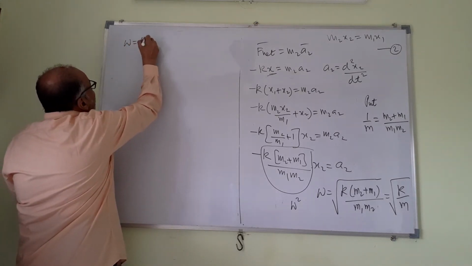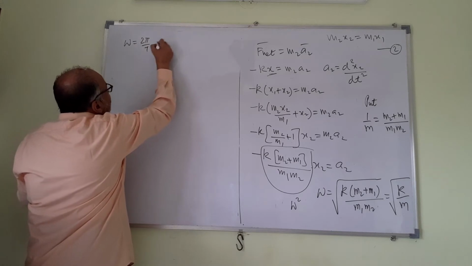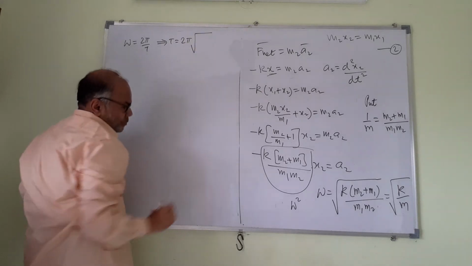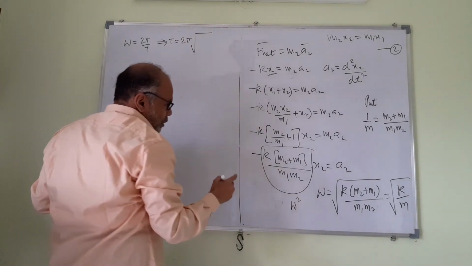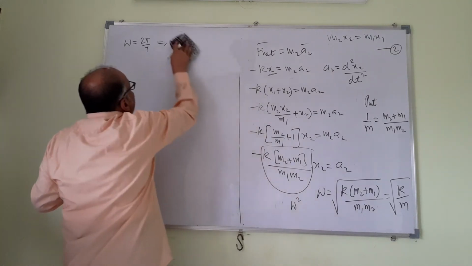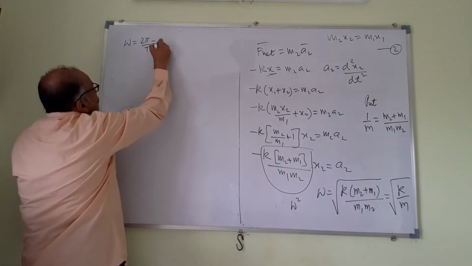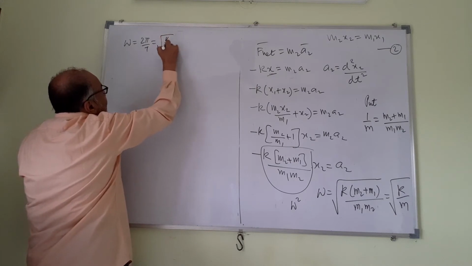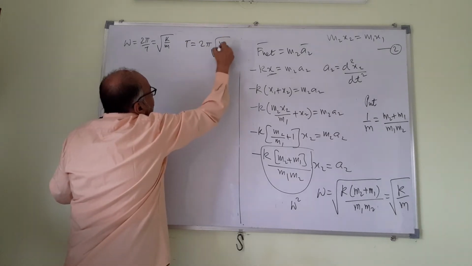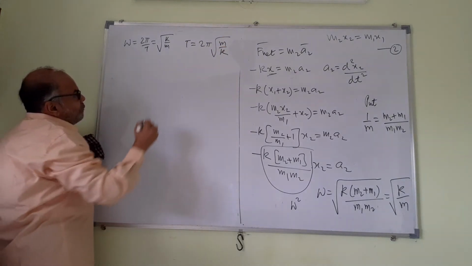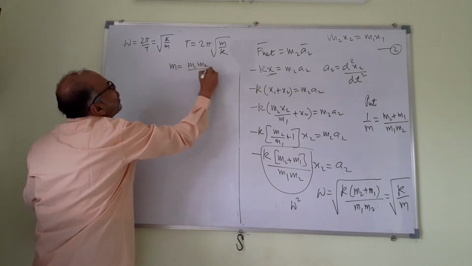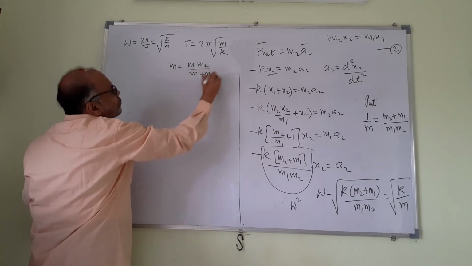Omega is 2 pi by T. So this will mean T will be equal to 2 pi, root of, since omega is root of k by m, that gives us T is equal to 2 pi root of m by k, where m is M1 M2 by M1 plus M2.